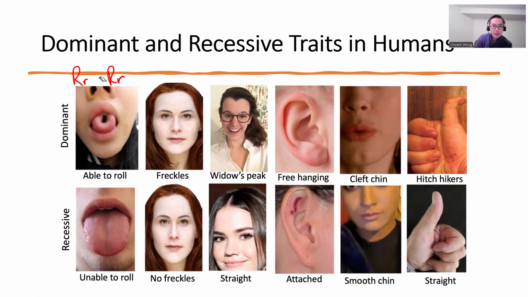And since they each have a small r, there's a 25% chance that the child will be unable to roll. The opposite is not true. If both parents are unable to roll the tongue, then the whole family will be unable to roll the tongue, because if small r crosses small r, then it's 100% small r, small r.